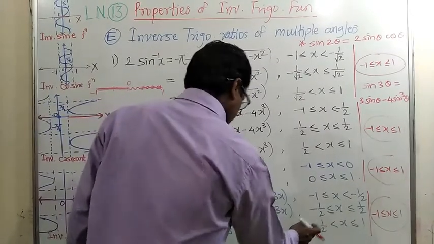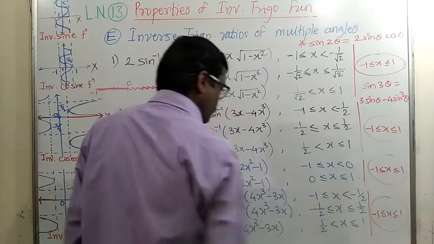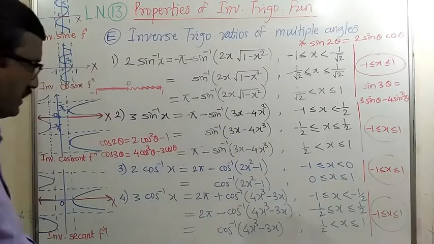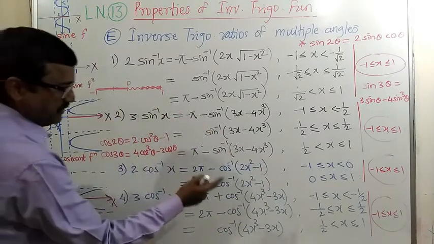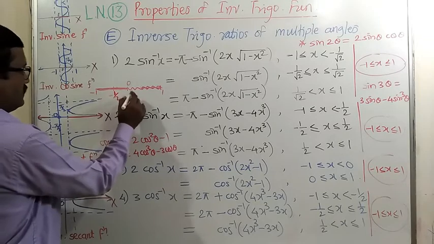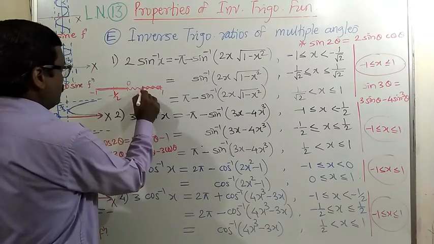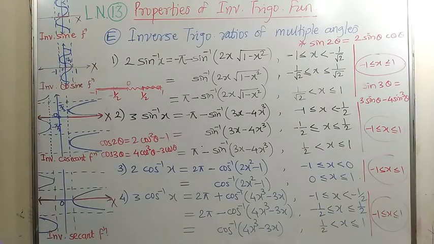Then when it is totally negative, minus 1 to minus half, again here that interval minus 1 to 1 is divided into 3 parts, that is minus 1 to minus half, minus half to plus half, and plus half to plus 1.